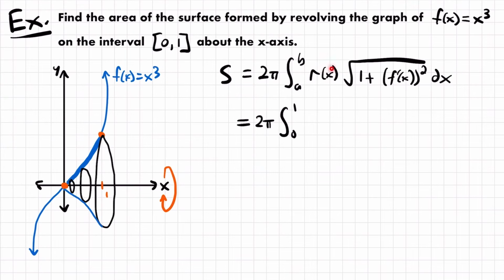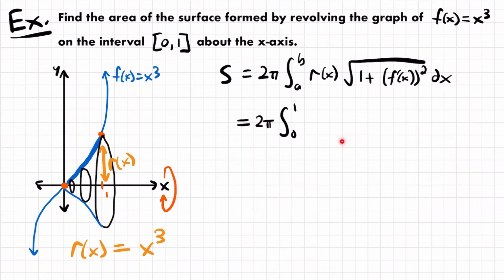And now what is the radius in terms of x? Well, the radius will be the distance from our axis of revolution, the x-axis, to our curve. And so this distance right here is r of x. And in this case, that distance is just going to be equal to the function where this curve comes from, f of x equals x cubed. And so r of x is equal to x cubed.